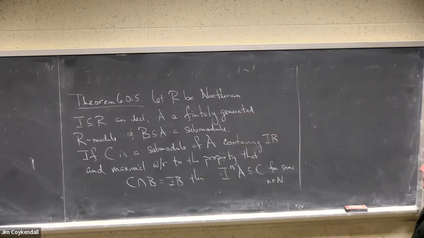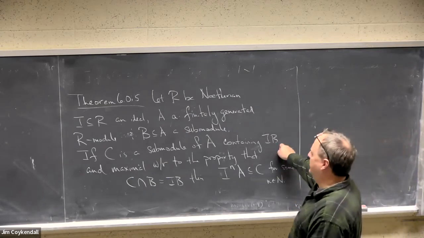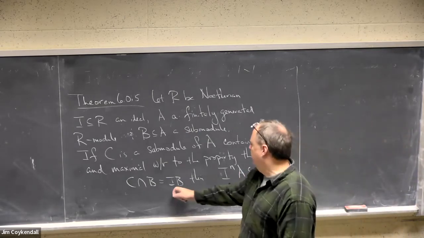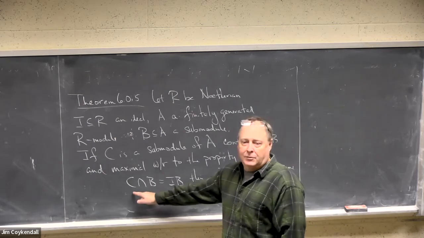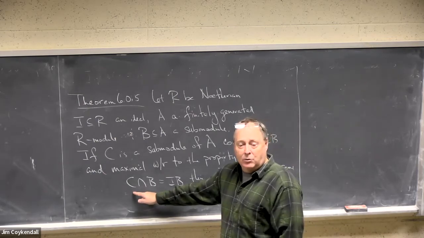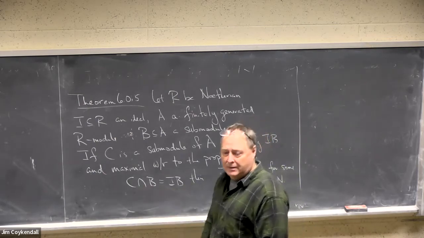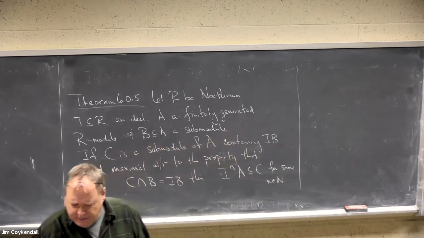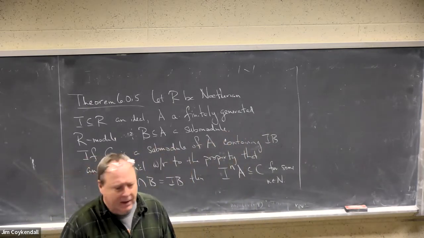So C is a submodule of A containing IB and maximal with respect to this particular property. Notice that, of course, if C equals IB, then this property is satisfied, right? So C just happens to be maximal with respect to this property.